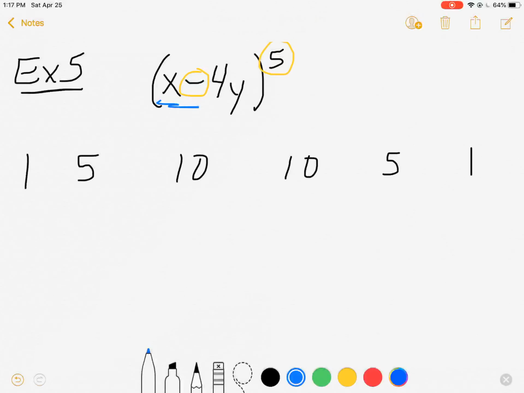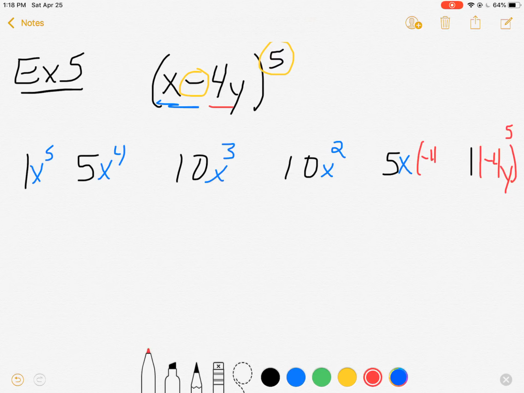So I'm going to start with the x, and that'll be x to the 5th, x to the 4th, x to the 3rd, x to the 2nd, x and no x. And then I walk this one up. So I'll start here, negative 4y to the 5th. This will be negative 4y to the 4th. This will be negative 4y to the 3rd.